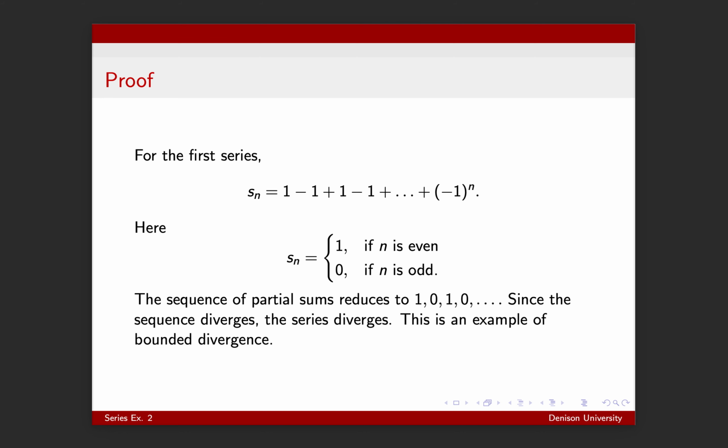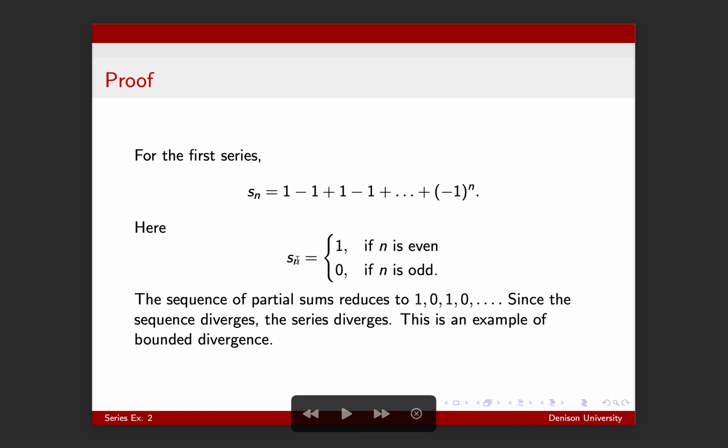So for the first series, we have S_n equals 1 minus 1 plus 1 minus 1 plus (-1)^n. So we have here that the partial sum S_n equals 1 if n is even and 0 if n is odd. We can verify that by looking at n equals 0.